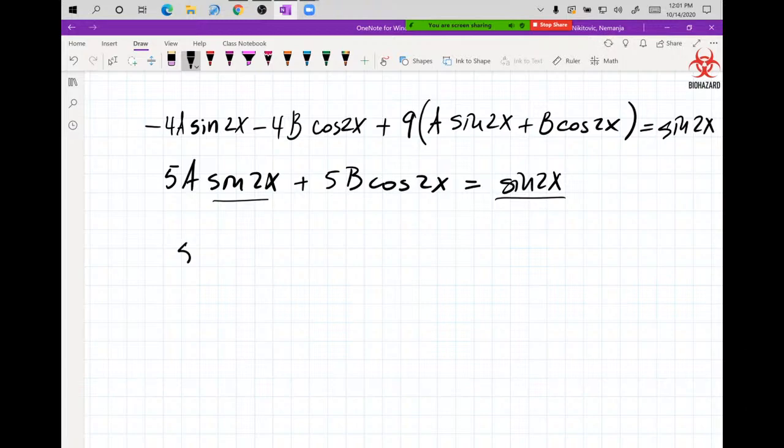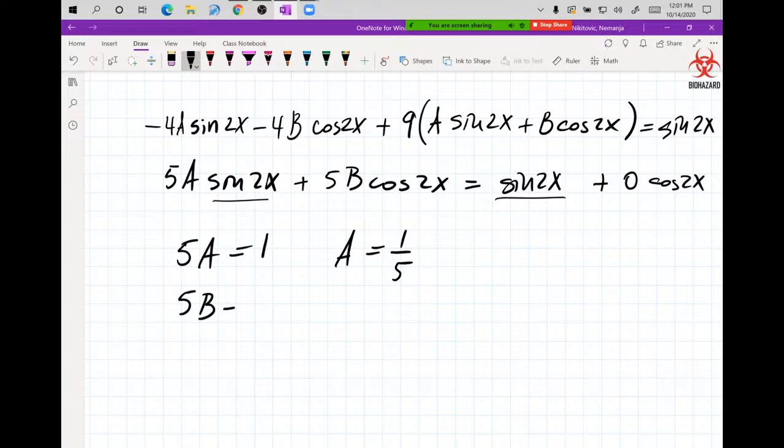So 5a equals 1, a is 1/5, and then for b, if you really want it, here you go: 5b is equal to 0, b is 0. We don't write this, but you're comparing it to nothing.